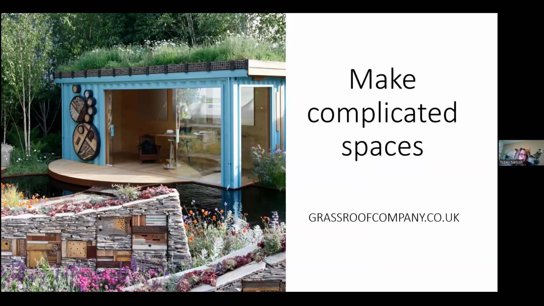And then in the foreground, we've got another bug hotel, but it's located in a dry stack stone wall, which offers a gazillion crevices. He's got different kinds of hole sizes for different species. Some prefer teeny tiny holes and some prefer bigger holes.